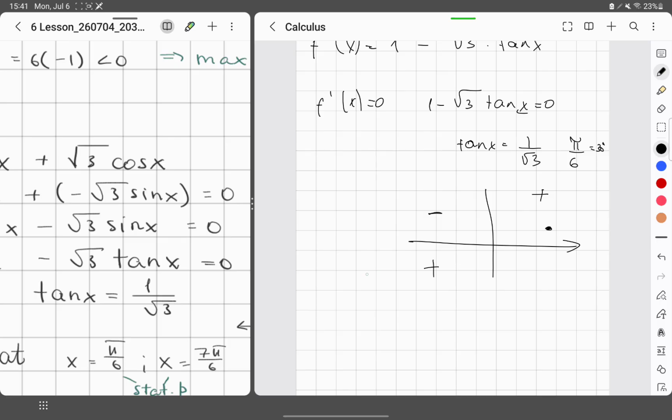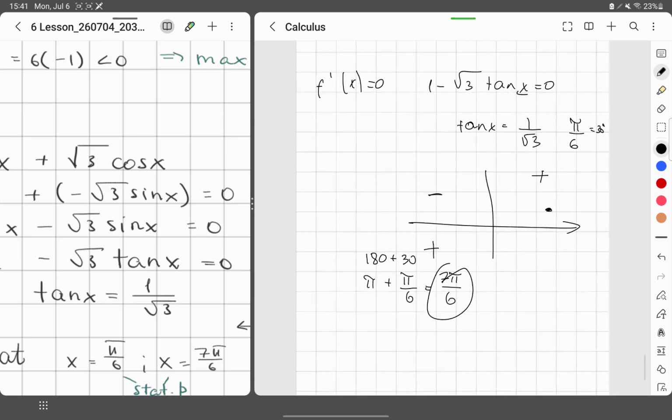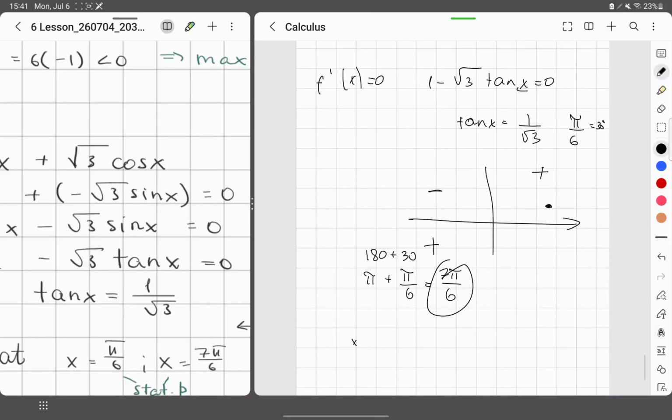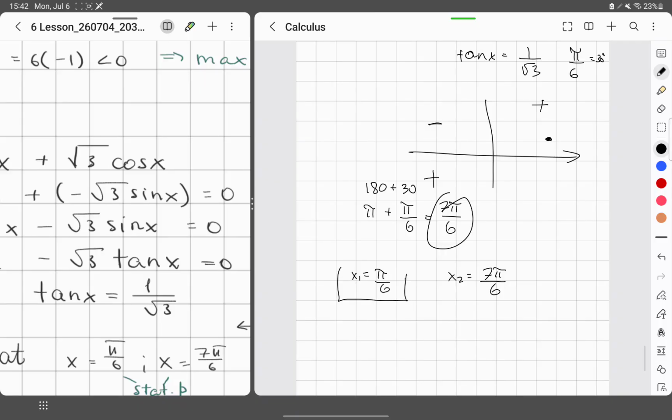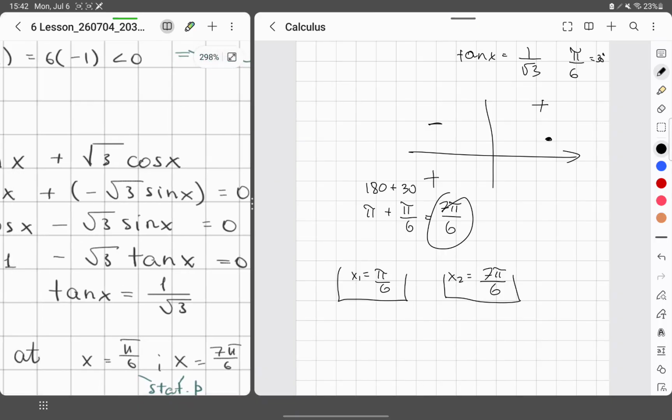So 180 plus 30 degree, basically pi plus pi over 6, will be 7 pi over 6. So in those 2 points, x1 will be pi over 6 and x2 will be 7 pi over 6. Those are the roots of our function.